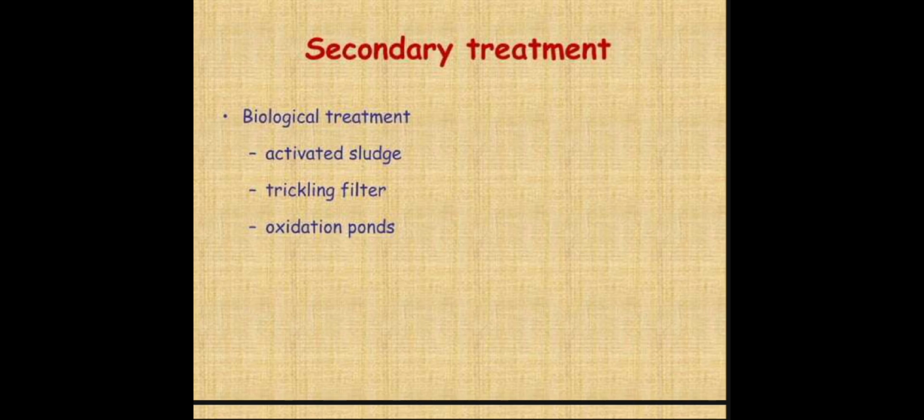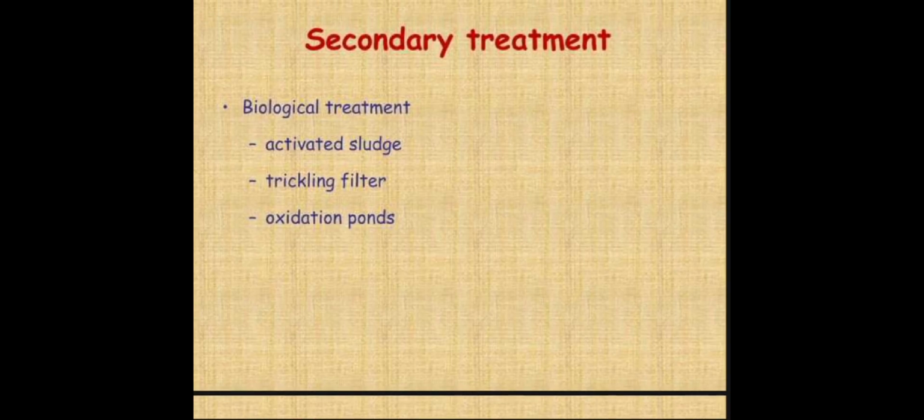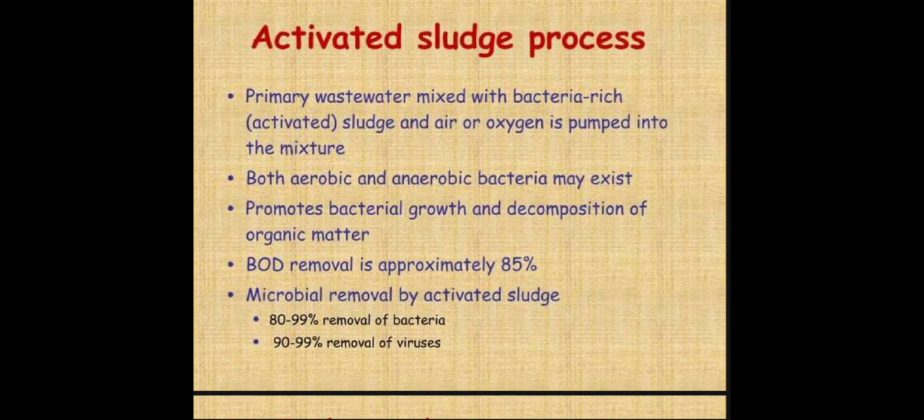Anaerobic means there is no need of air. Aerobic means there is a need of air for microorganisms. Okay, and trickling filter. In trickling filter, the filter media will act as the main role. And next, oxidation pond. Okay, first we will discuss about activated sludge process.